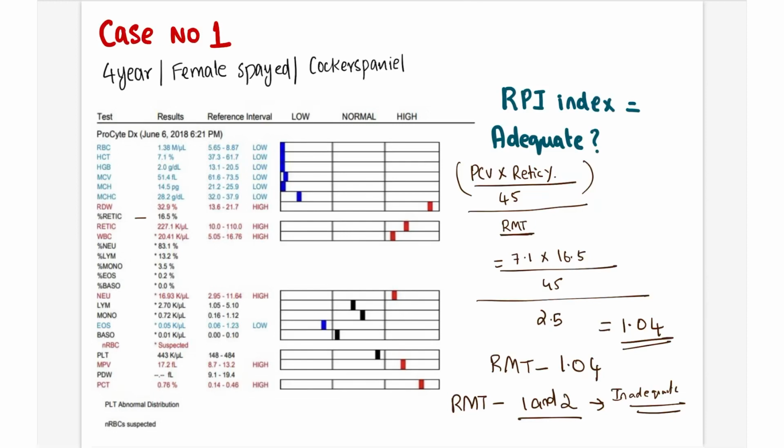So maybe we need to recheck the CBC, or proceed with a blood transfusion, because the hemoglobin is only 2 and PCV is 7. There is no way the body can compensate. This is a perfect candidate for blood transfusion.